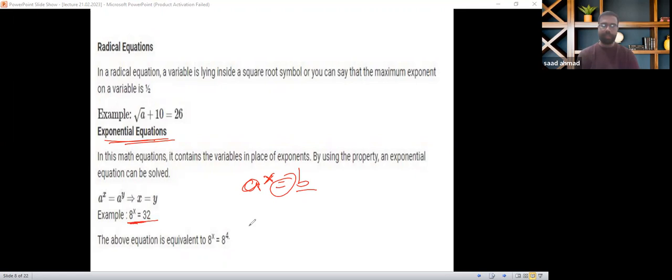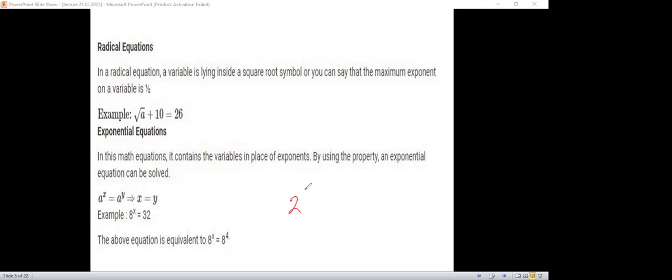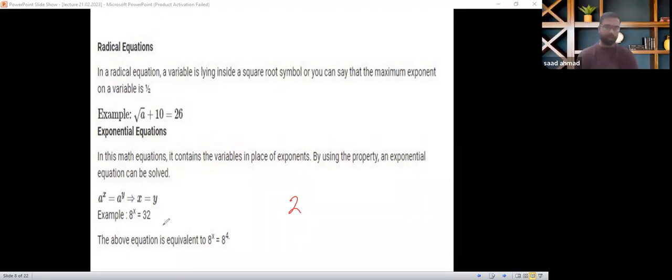Like 8 to the power x is equal to 32. So in this question, if they ask us to solve, we need to tell what power of 8 gives us 32. Sorry, I got confused.